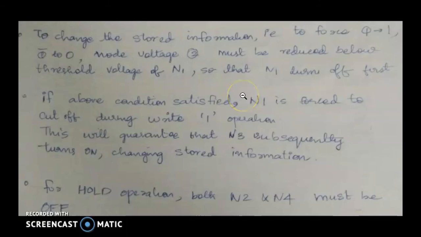Then N1 is forced to cut off during write 1 operation, and this will guarantee that N3 subsequently turns on, thus changing the stored information. So that's all about write operation. And if you want to perform hold operation, we need to make the access transistors N2 and N4 turn off by giving low 0 voltage at the word line.